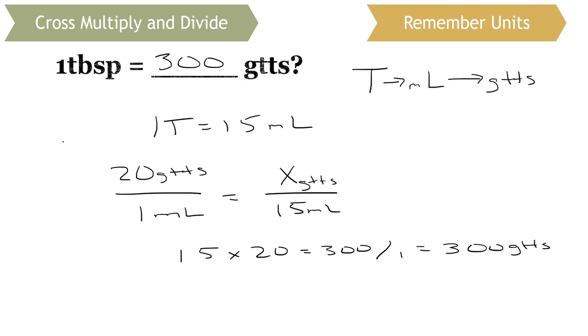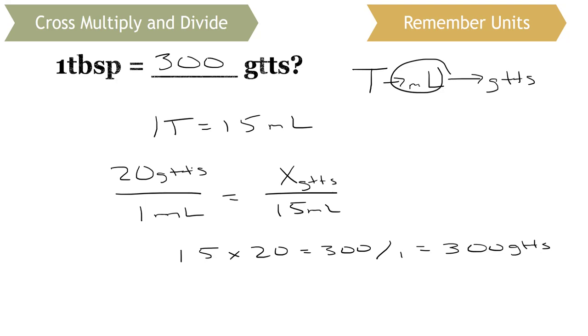Let's work that through again to make sure that you understand. I can't go directly from tablespoon to drops because there's no conversion for it. Or if there is, I don't know it. So what I need to do is find an intermediary. The intermediary I chose here, and a very common intermediary, is milliliters. So I converted my 1 tablespoon to milliliters. I didn't have to set up a cross multiply and divide proportion to do that because I know straight up 1 tablespoon is 15 milliliters.